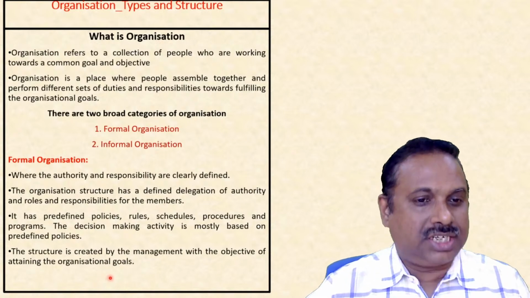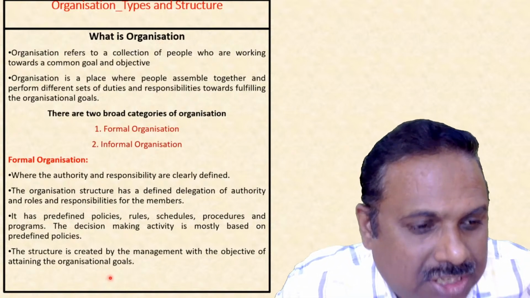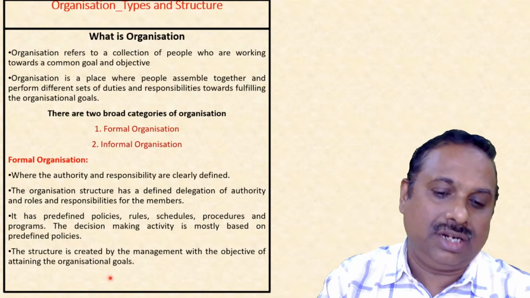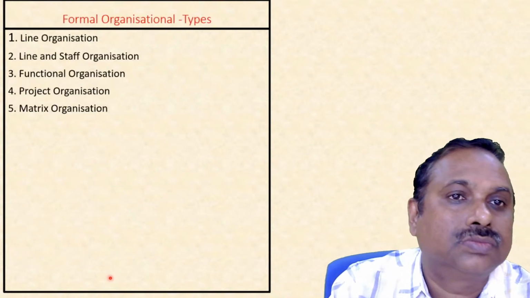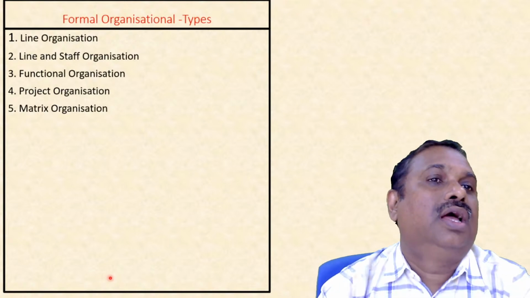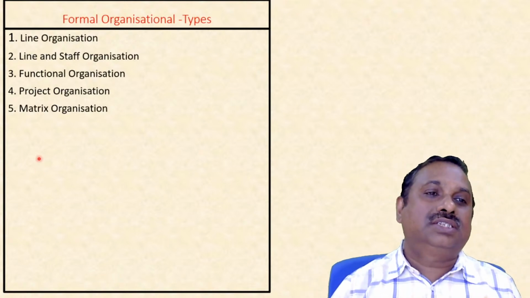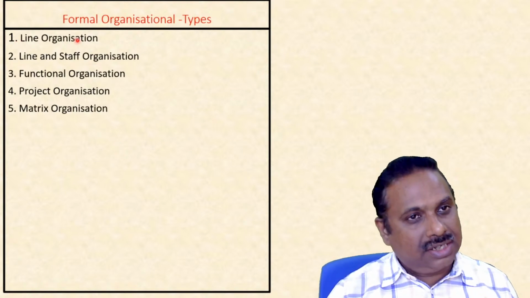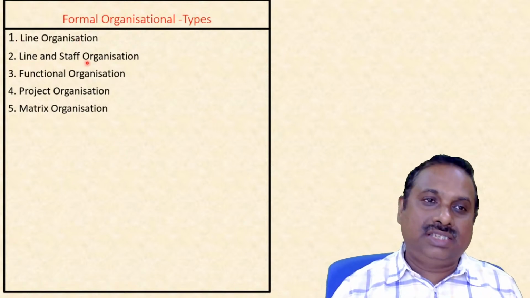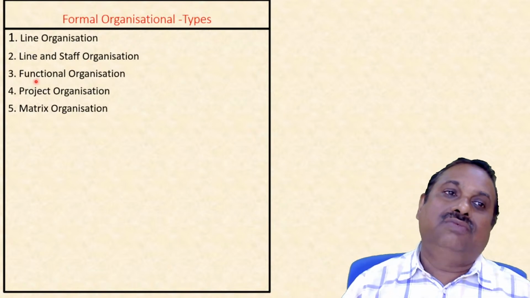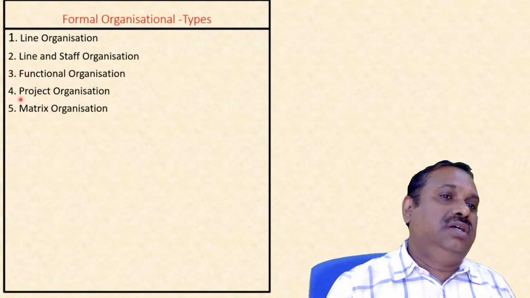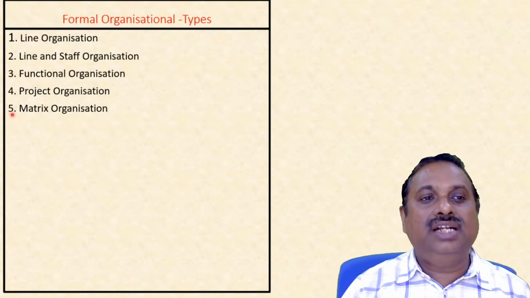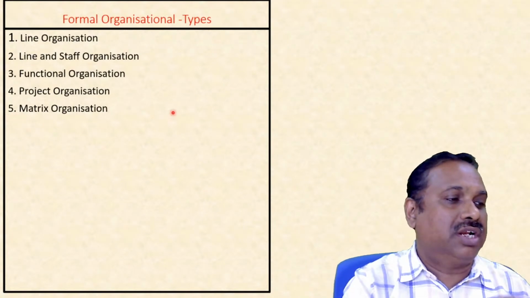The structure is created by the management with the objective of attaining the organizational goal. There are mainly 5 types of formal organizations: line organization, line and staff organization, functional organization, project organization, and lastly, matrix organization.